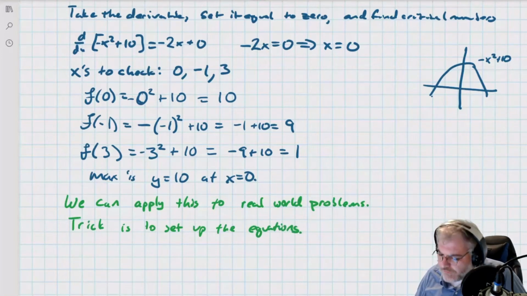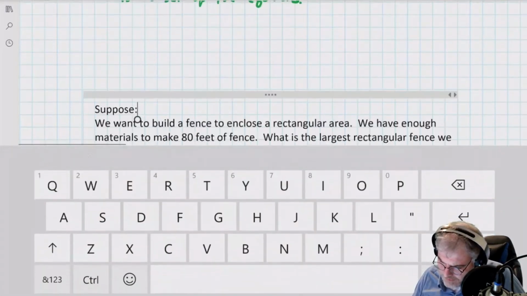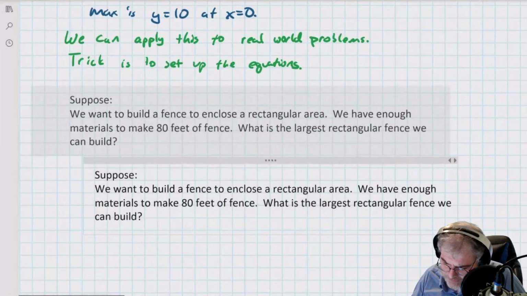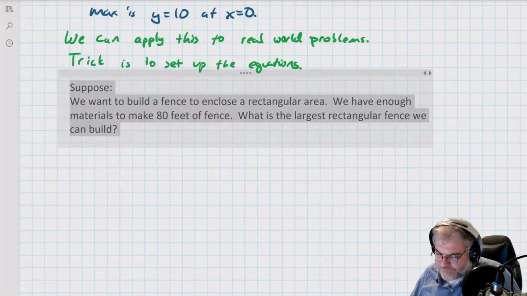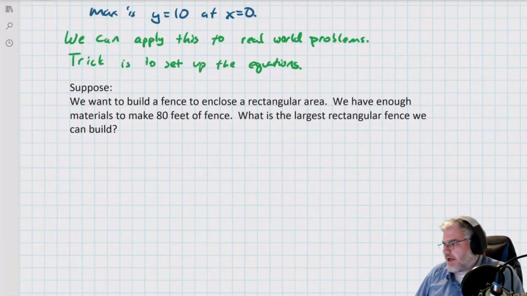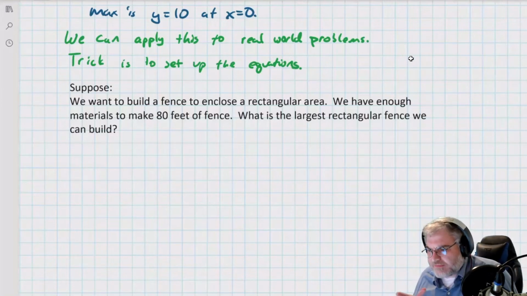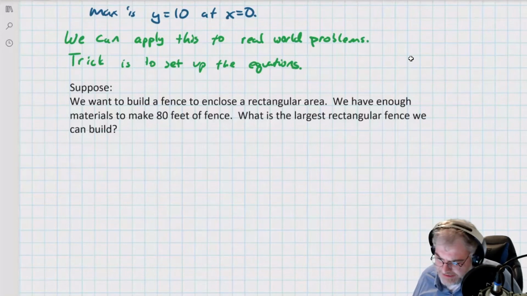Okay, so let's look at this one. I typed this out in advance. Suppose we want to build a fence to enclose some rectangular area. I have enough material to build 80 feet of fence, so my linear feet of fence is 80. So I've got this situation, right?